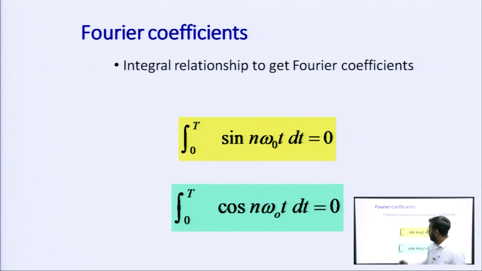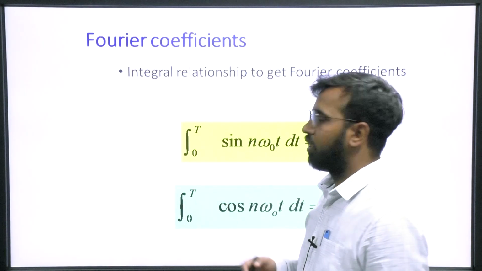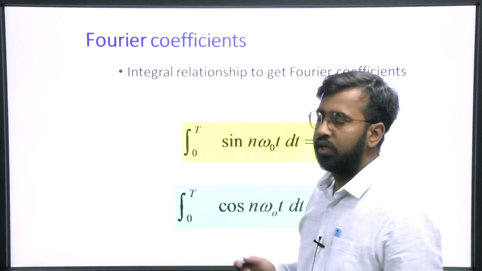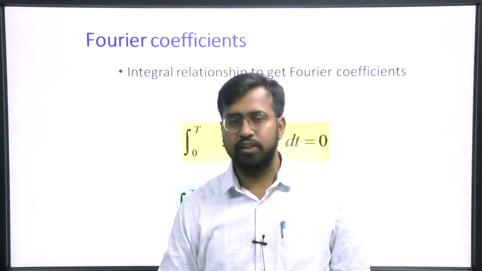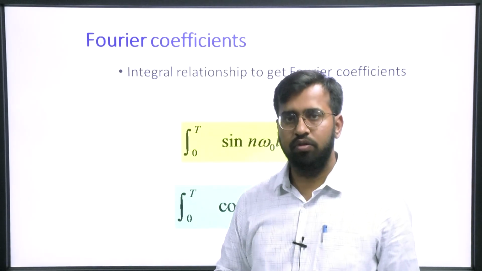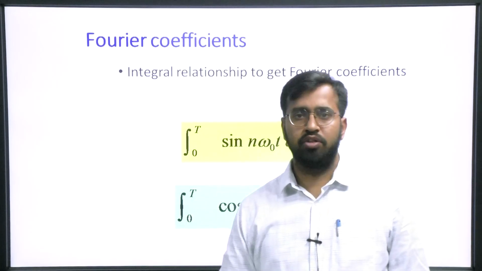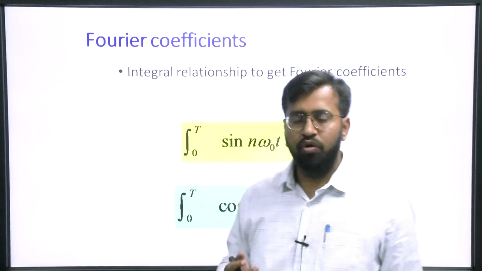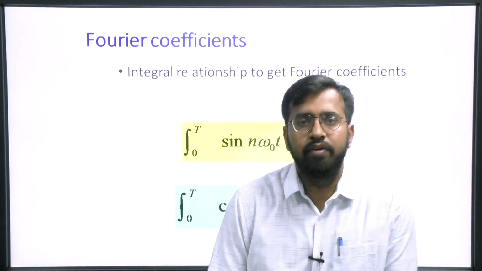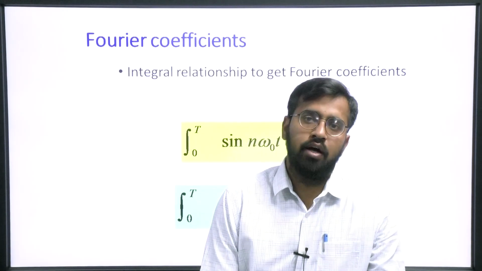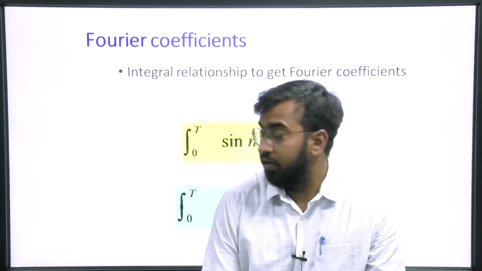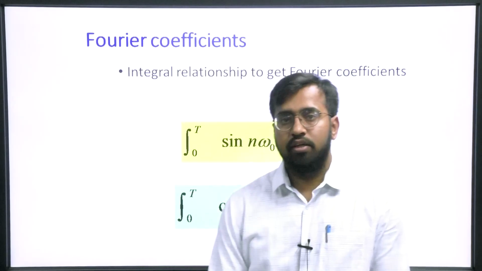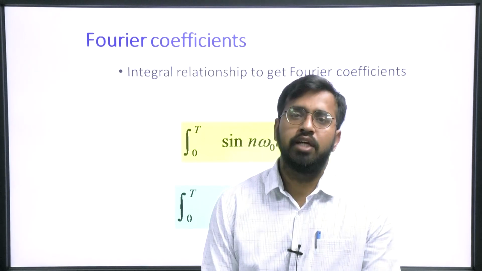See, first, before that, let us see a few integral values of sinusoidals. The advantage of the sinusoidal signal is, as we have seen in electrical also, that there are many advantages. In electrical systems we use mostly sinusoidal signals.